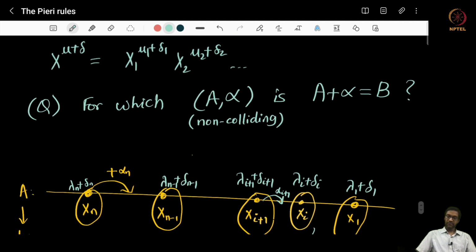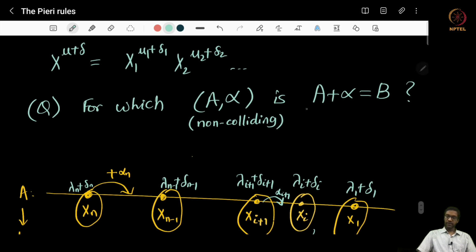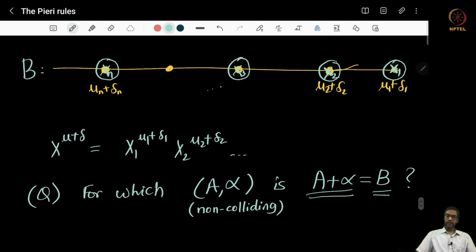If I take A alpha, for which A alpha am I going to get this equal to B? And what is B? B is the abacus with mu n plus delta n and so on. So this should be bead position lambda plus the alpha. Similarly, and so on. This guy is the original position plus my alpha 1.